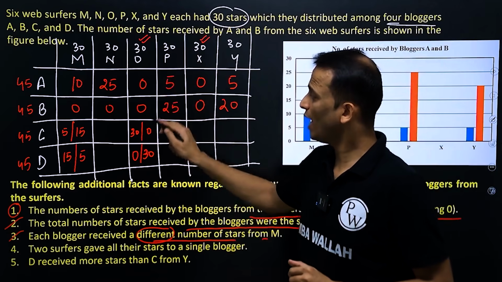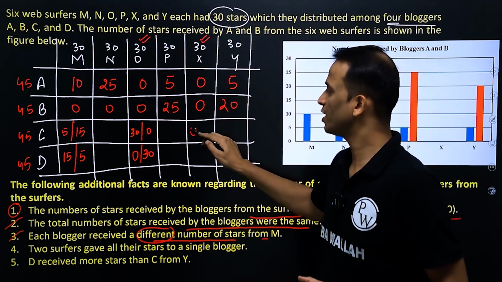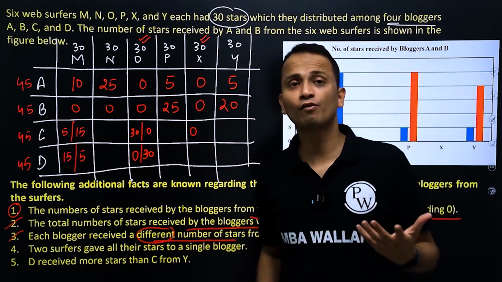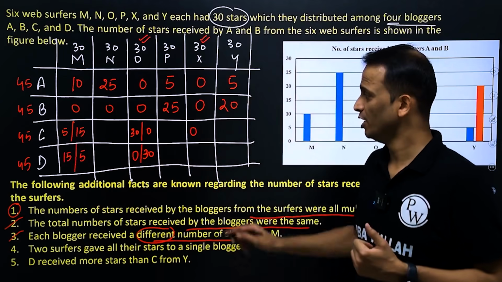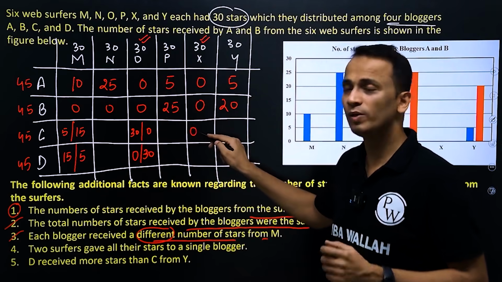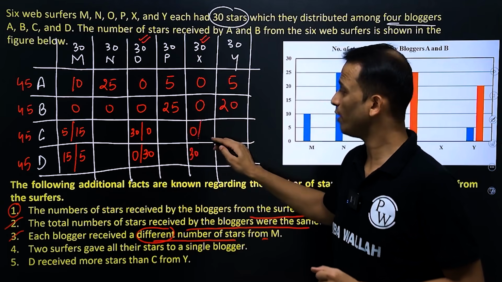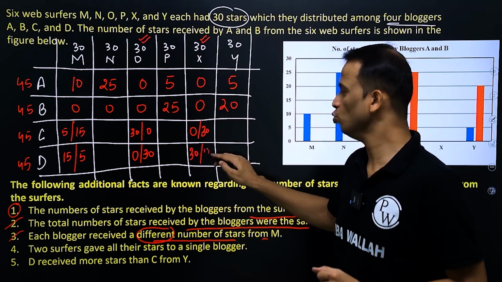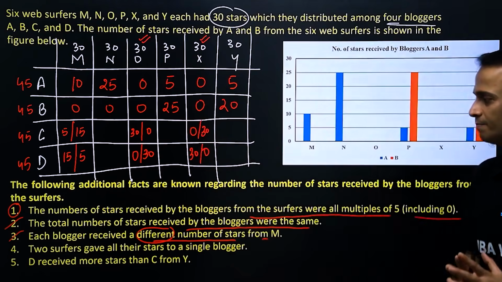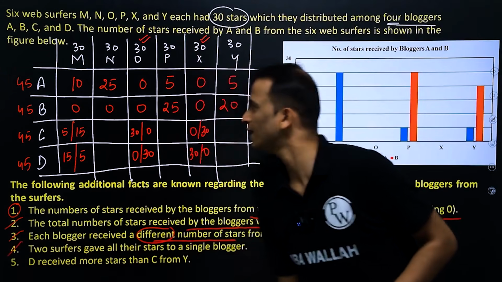So if O has already given 30 to C, X cannot give 30 to C because 30 plus 30 will become 60, but I have 45 here, total 45. So if O has given 30 stars to C, then X will give 0 to C and 30 to D, or vice versa. So there are 2 possibilities, right? I have written both the possibilities here. So this is about point number 4, which is done.